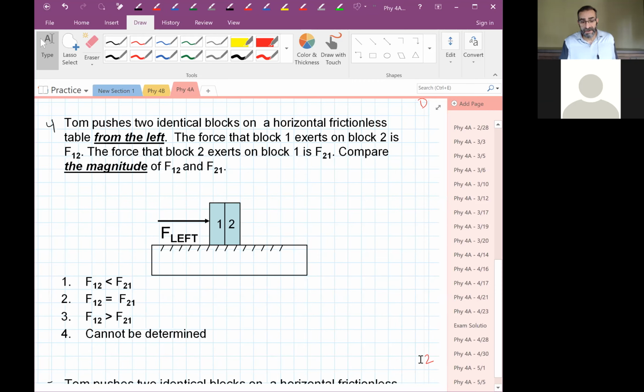But that doesn't matter. When 1 pushes on 2, 2 pushes back on 1 with an equal and opposite force. It doesn't matter if the boxes are at rest, if they're moving with constant speed, if they're accelerating, none of that matters. Anytime 2 objects are interacting with each other, they exert equal and opposite forces on each other. Okay, next one.